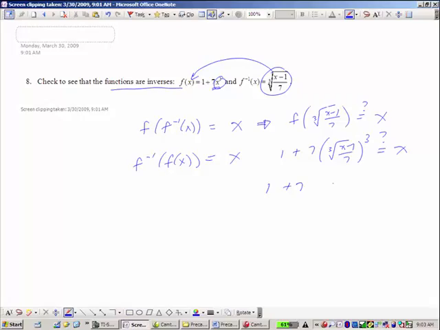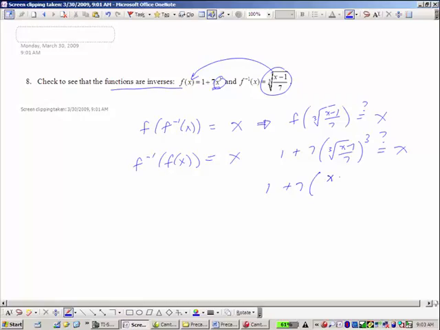You get x minus 1 over 7. If you cube a cube root, it undoes it. So 7 times (x minus 1) over 7, what happens to the 7s? They reduce, right? They cancel. So I get 1 plus x minus 1.